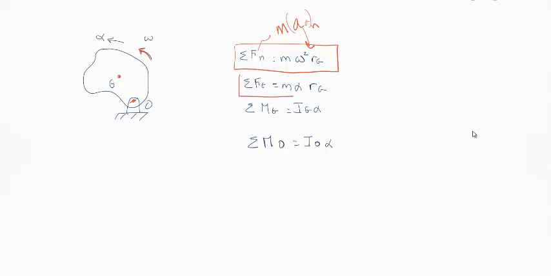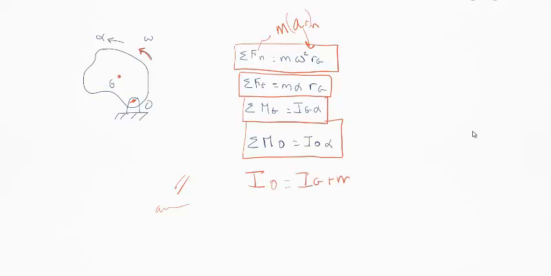The sum of the forces tangential equals m alpha rg, where alpha is the angular acceleration. The sum of the moment about the center of gravity is Ig alpha. The sum of the moment about point O is IO alpha. If you remember from the parallel axis theorem, IO equals Ig plus md squared, and this would be d.